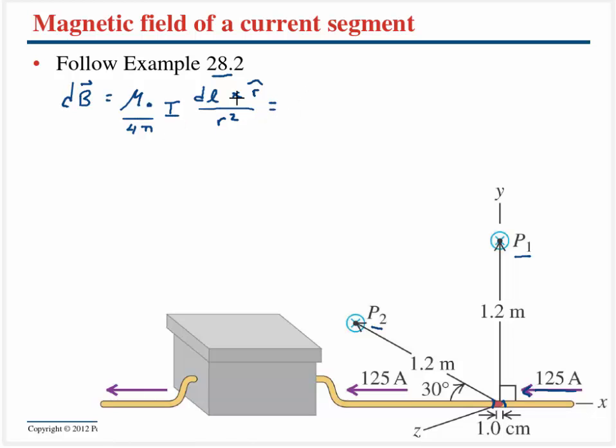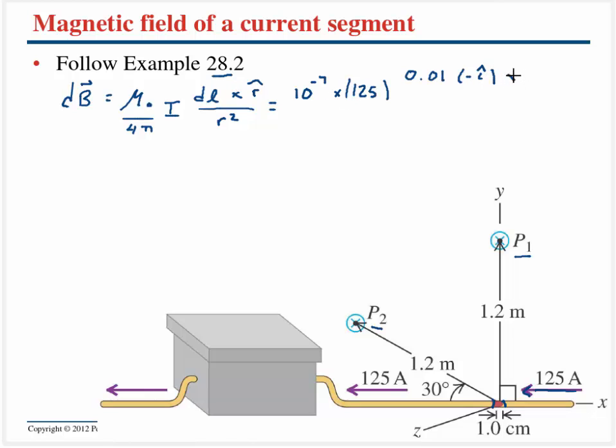We know that mu naught is going to be 4 pi times 10 to the minus 7th, so we're going to have 10 to the negative 7th divided by 4 pi, multiplied by 4 pi. We know what the current is, that's 125 amps. Now this little dl right there is just going to be 0.01 meters, and the direction of it is in the negative x direction, so it's going to be in the negative i hat direction.